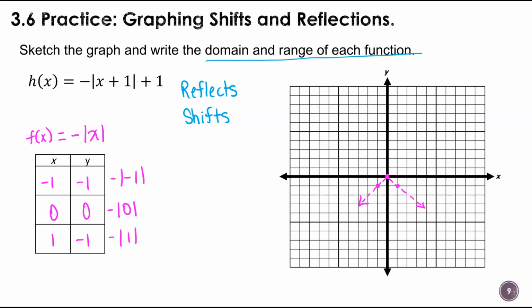It shifts left 1, right? So we have a shift to the left and up 1. So it gets a little trickier, but since we reflected it first, that helps. And now we're going to shift left 1, up 1. So for each point, left 1, up 1, left 1, up 1, and this one's left 1, up 1.